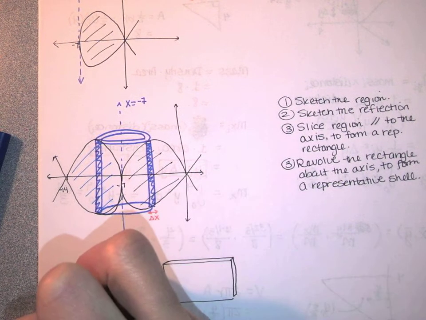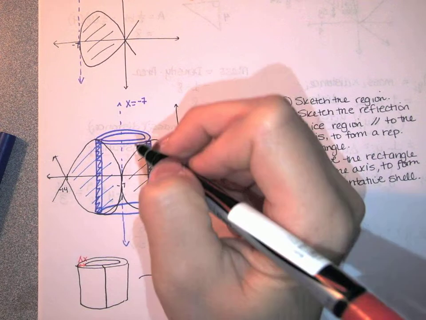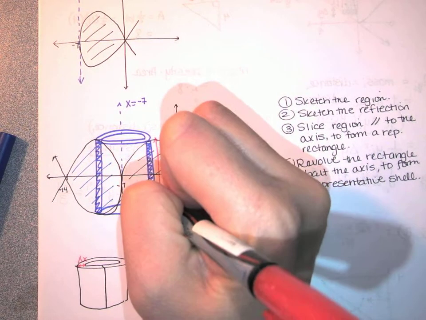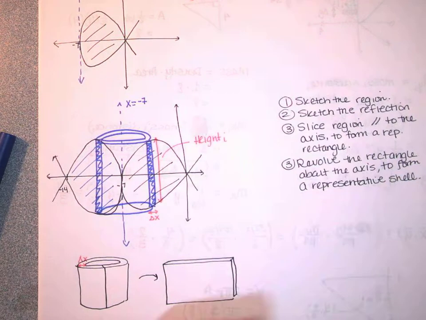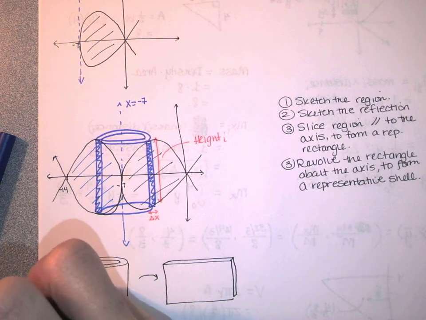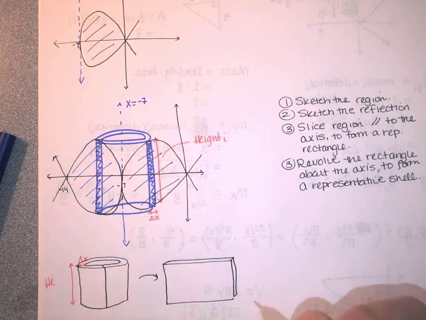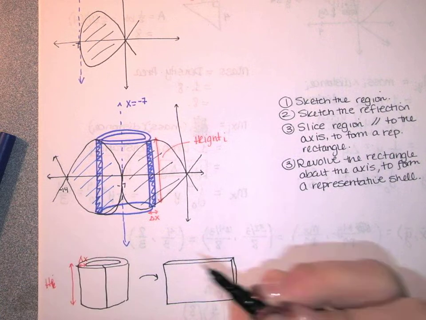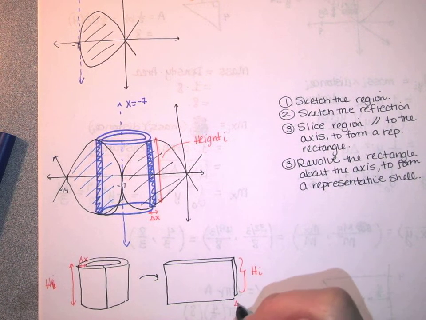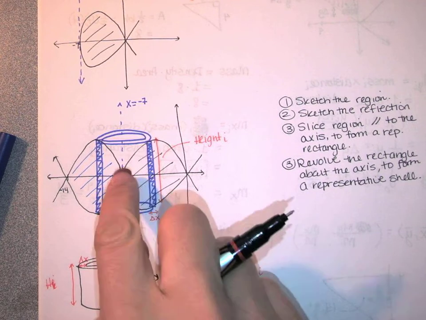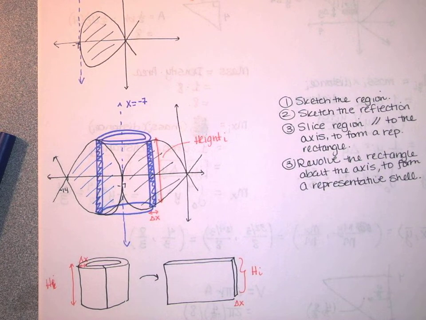So if that's delta x, that's delta x. The height of the shell is that distance there, and that's going to be the height here. I'm just going to use h sub i. This is h sub i. It's delta x.